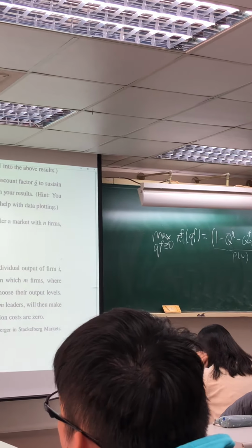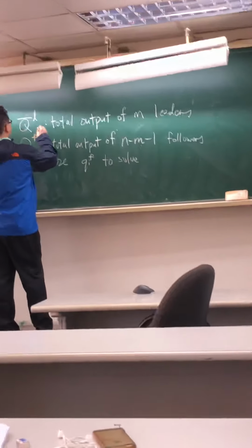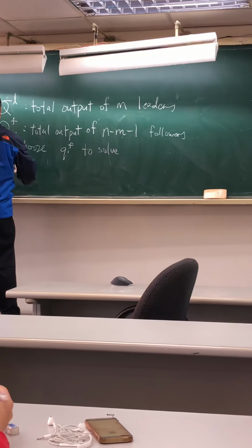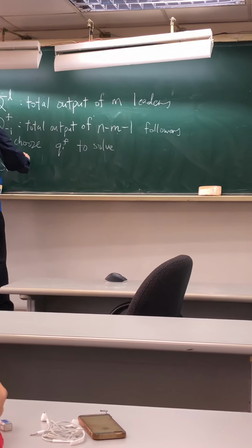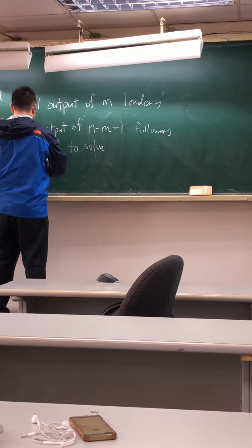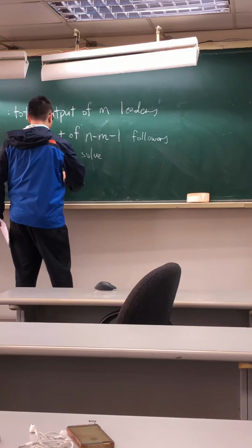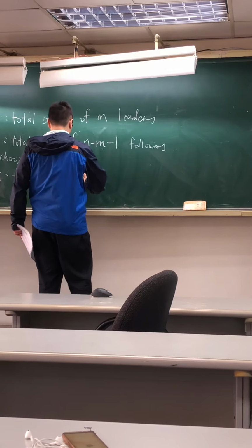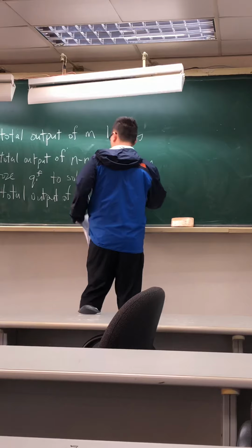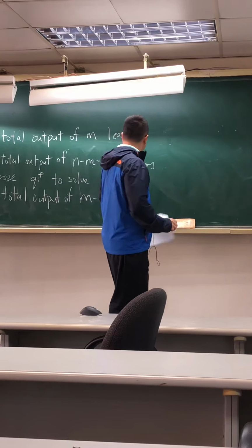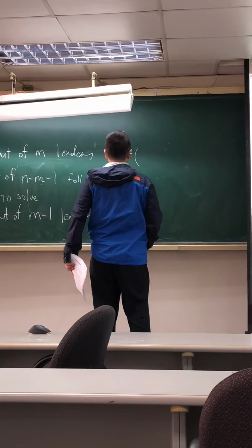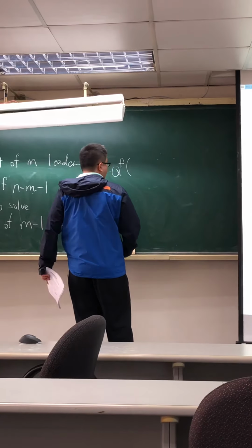Let me just define one more thing. Q negative IL is the total output of n minus 1 leaders, then QF is the output of all followers.